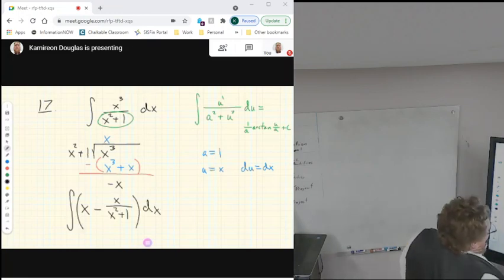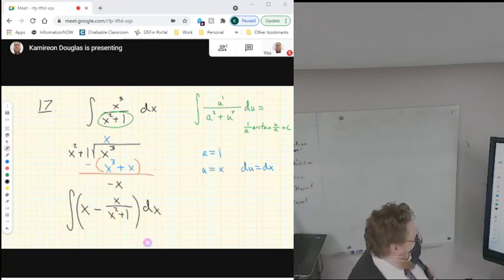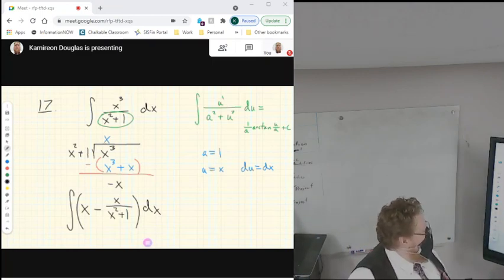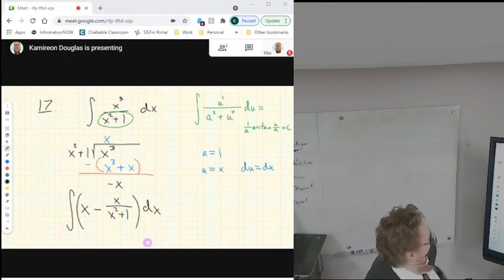As a reminder, when you do this, the top piece is its own function. The remainder is left inside the original function. So we're now left with this. I actually don't need an arctangent for this. I can do a straight u substitution. So let me do that.